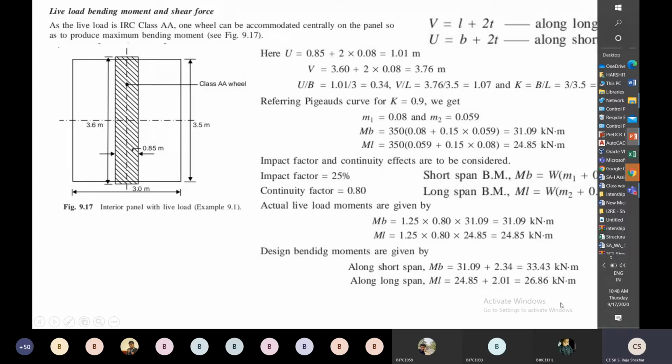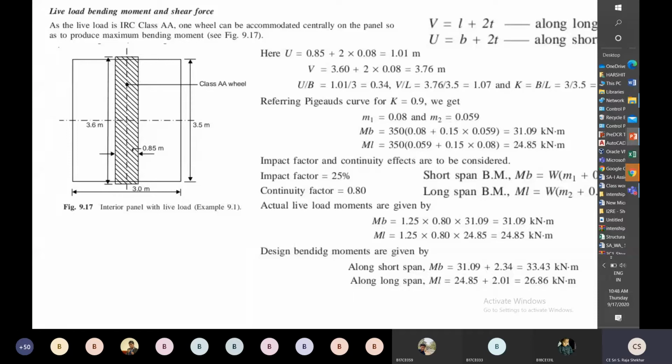So the design bending moment is nothing but the summation of all moments along that span. If it is along the shorter span, we add the dead load bending moment plus the live load bending moment. If it is along the longer span, likewise the dead load bending moment and the live load bending moment. This is about the calculation of live load bending moment, dead load bending moment and design bending moments.